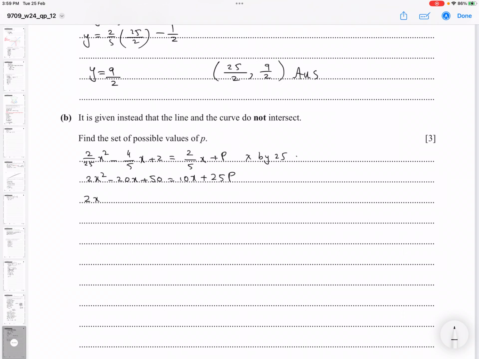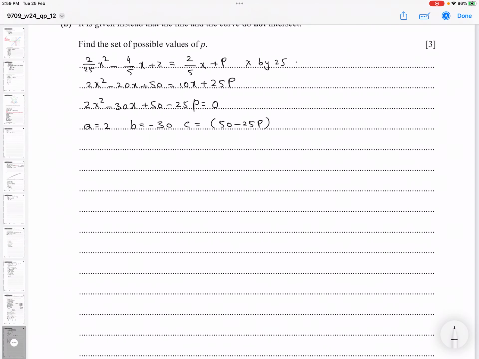So further, 2x squared minus 30x plus 50 minus 25p is equal to 0. So your a is equal to 2, your b is equal to minus 30, your c is equal to 50 minus 25p. Your b squared minus 4ac, this is the discriminant, is less than 0.